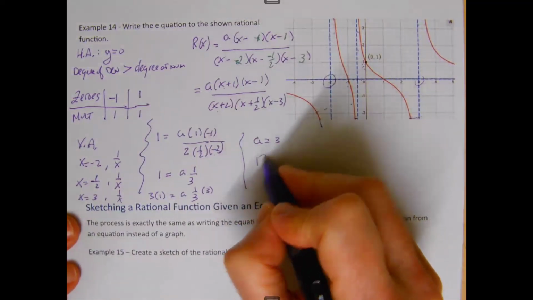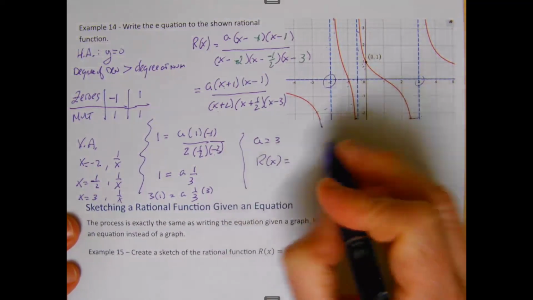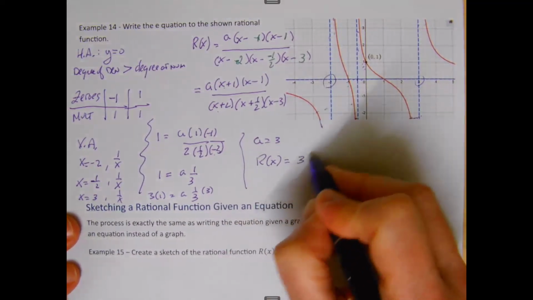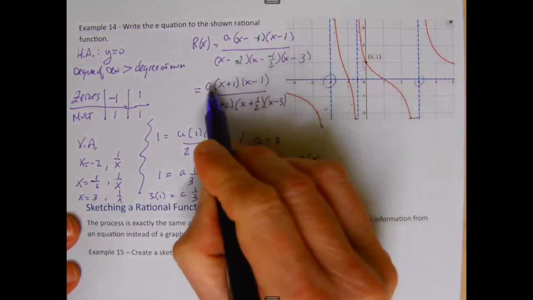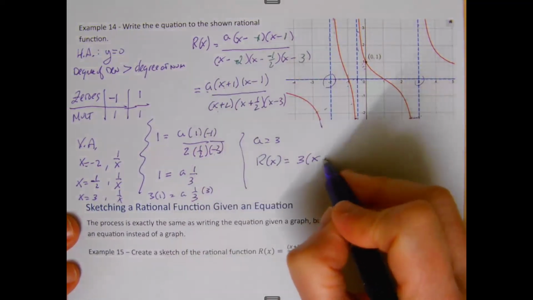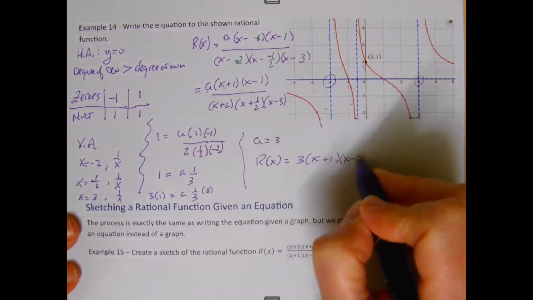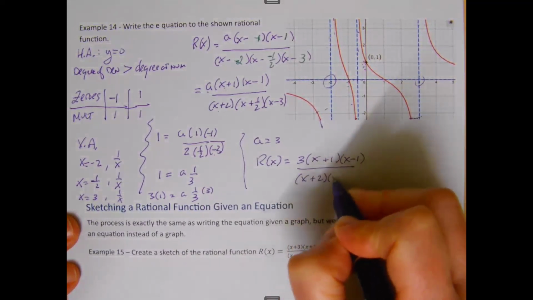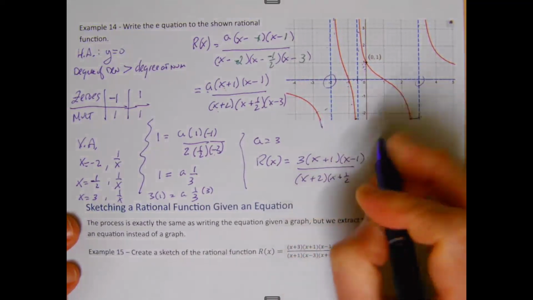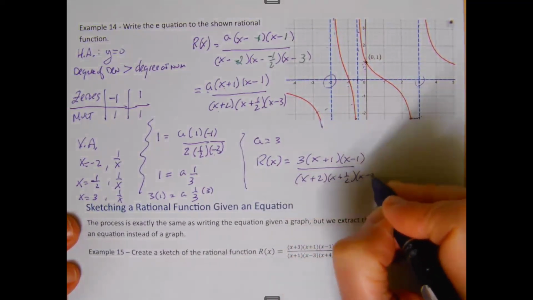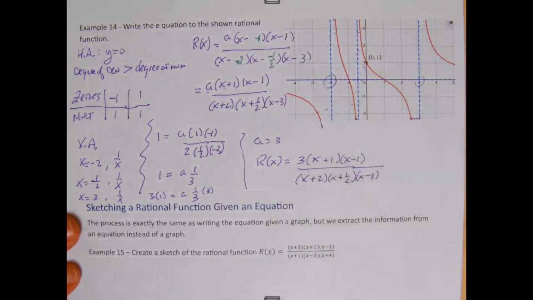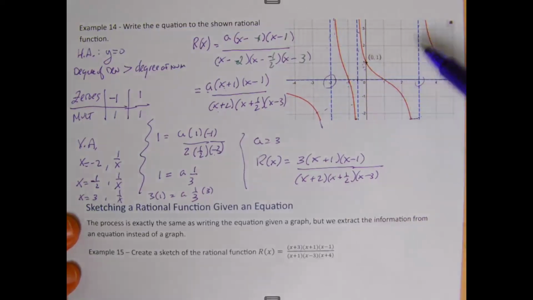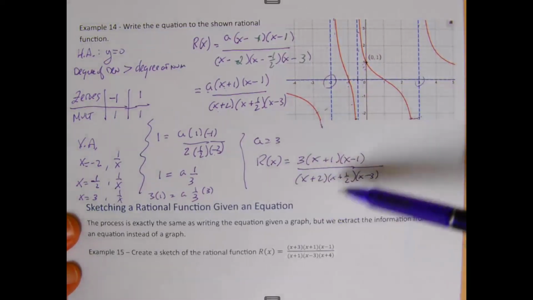I'm ready to write out my equation. So that comes to 3, x plus 1, x minus 1, over x plus 2, x plus 1/2, and x minus 3. This is pretty amazing that just by finding these few pieces of information, you can actually write down the entire equation.